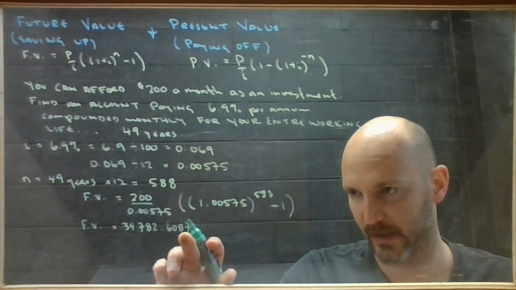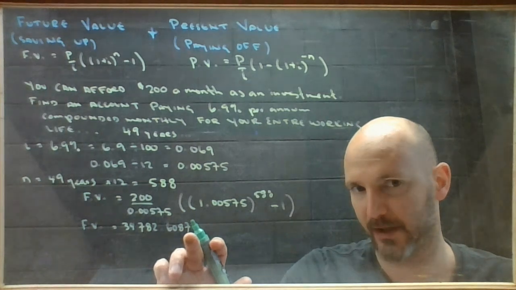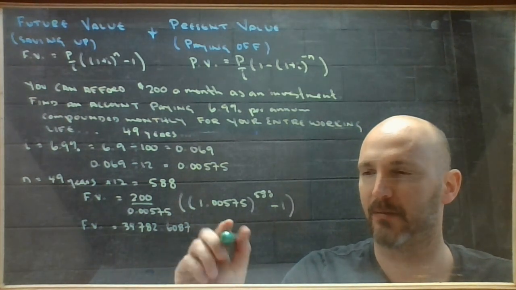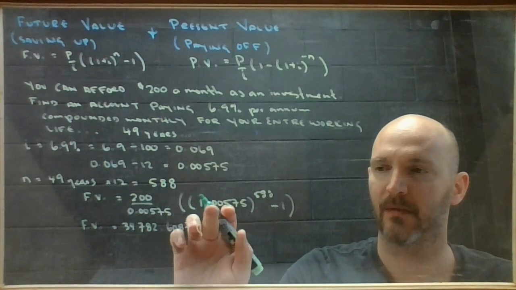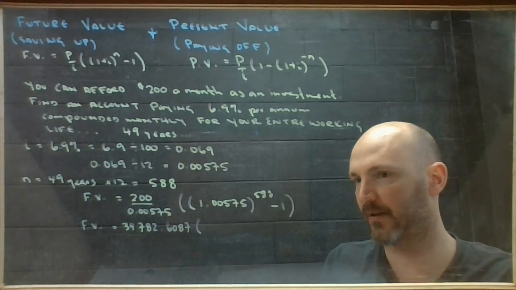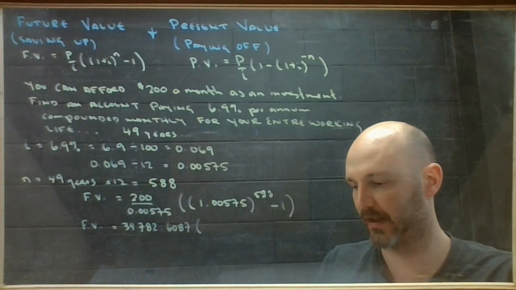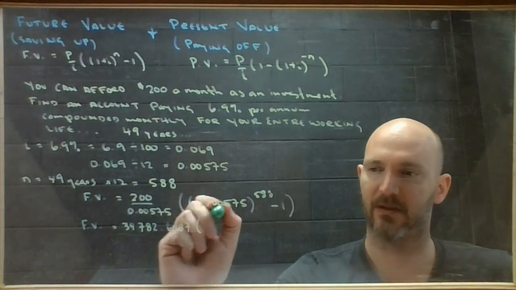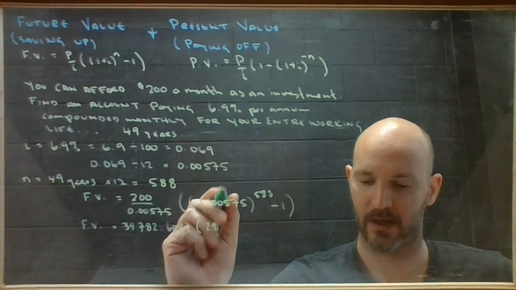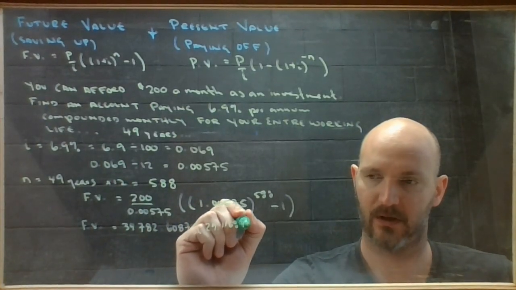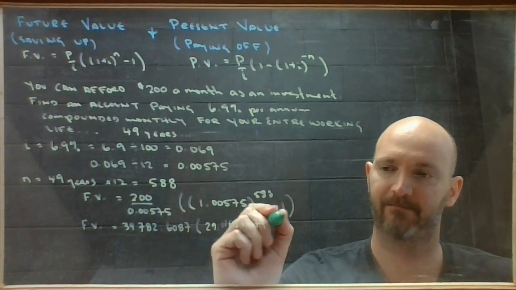This is looking like 1/100th of a cent, so I think we can afford to be off by that much. 1.00575 to the exponent 588 gives me 29.11684074.